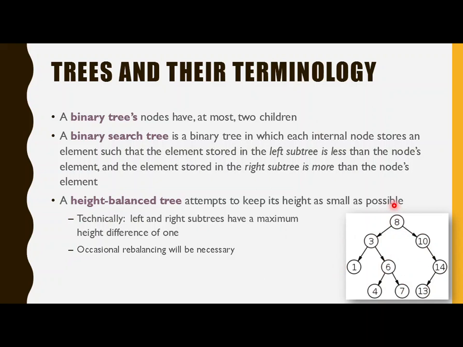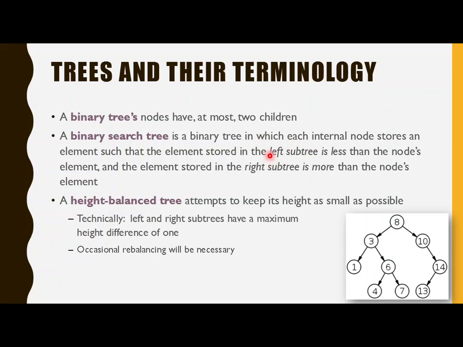The thing that you'll see is that not just the element, but every element in the left subtree is going to be less than that node's element value, and everything in the right subtree is going to be more than that node's element value. So to the left we have smaller things, and to the right we have bigger things.